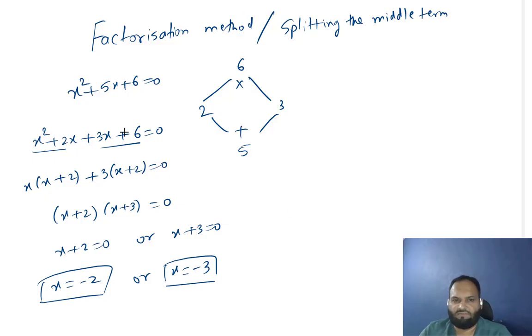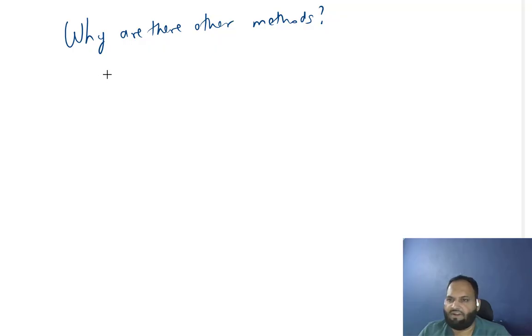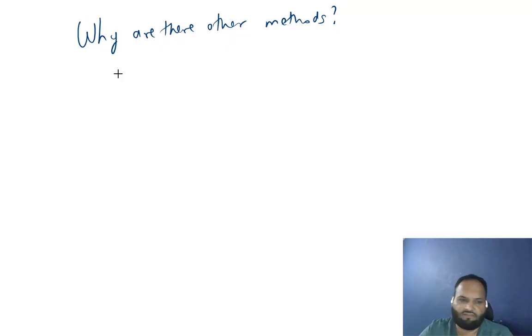Now with this method you are able to solve most of the quadratic equations, but why are there other methods? Every time you are not able to split the middle term, that's an issue. So because of that, there have to be other methods.